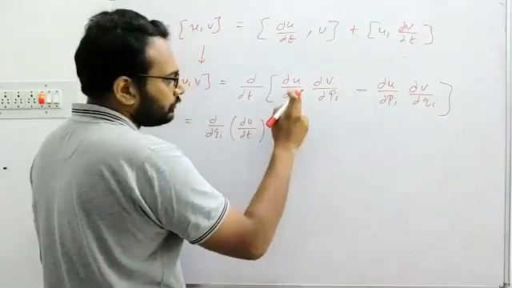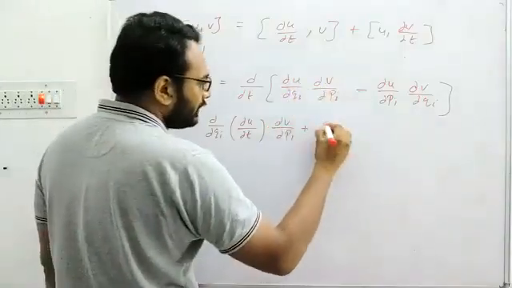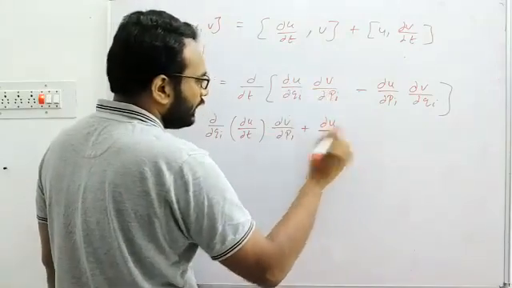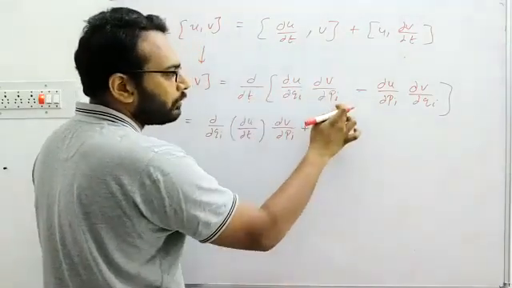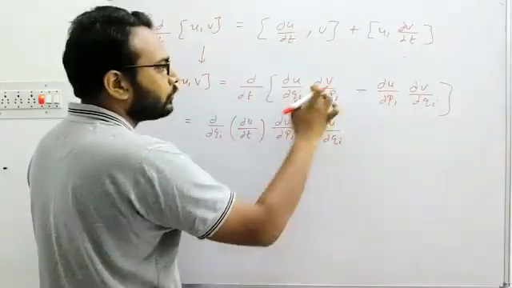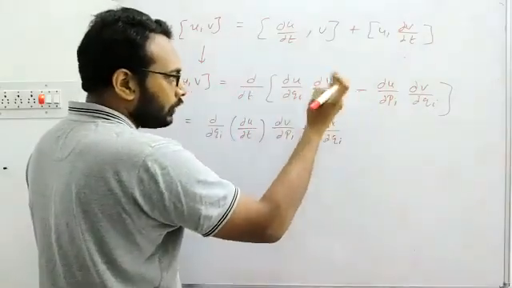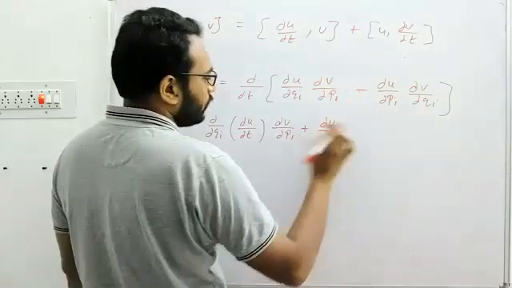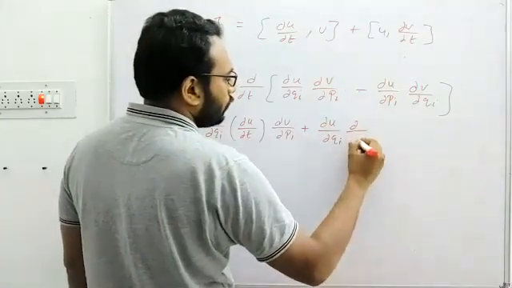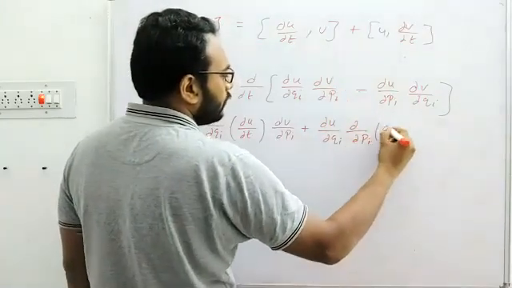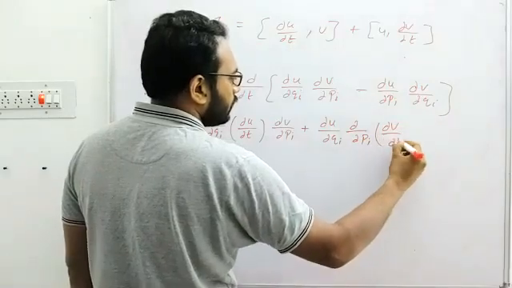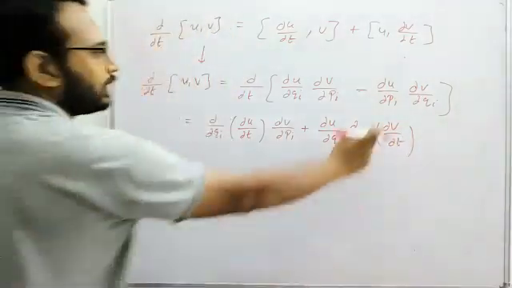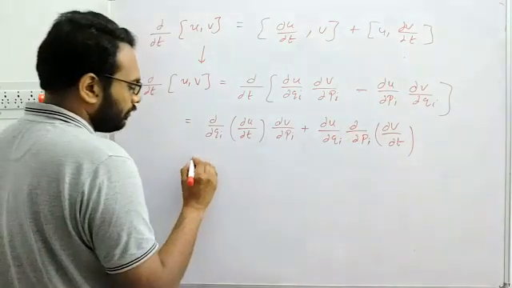Plus, now what you do is keep ∂u/∂qi constant, and then you take ∂/∂t of ∂v/∂pi. But ∂/∂t of ∂v/∂pi is ∂/∂pi of ∂v/∂t. So you can write this as ∂/∂pi of ∂v/∂t. Also you have these terms here with the minus.